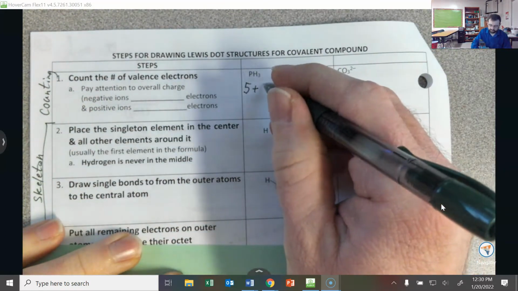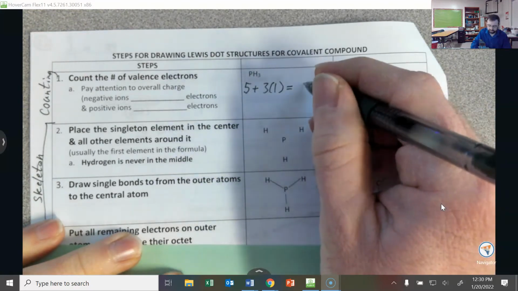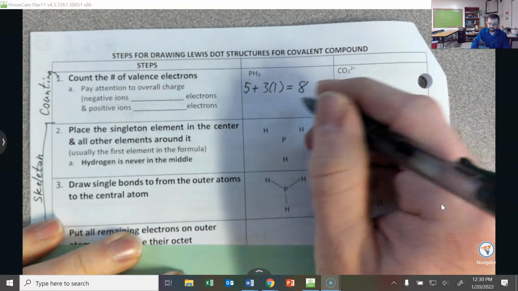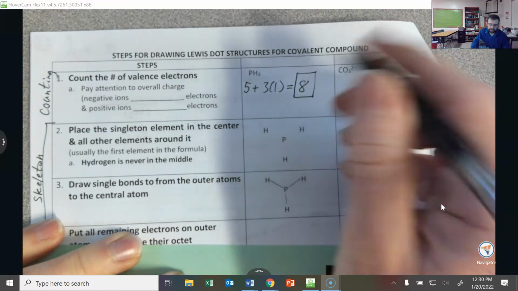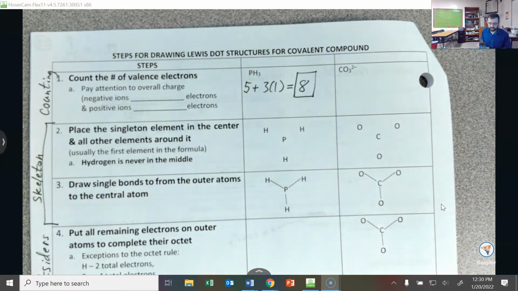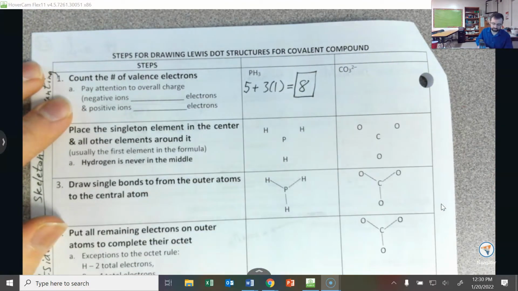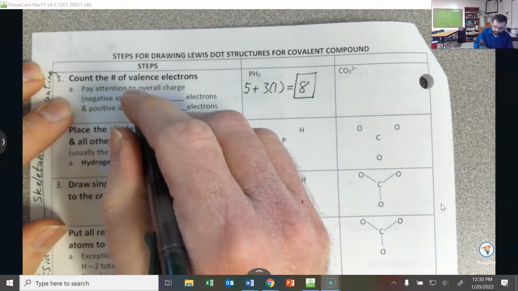Since I have 3 of those, that's 3 times 1, that's 3. 5 plus 3 gives us 8. That's an important number. That's going to tell us how many electrons we have to work with. We have to use all 8 of them, and we can't use any more than 8. Now, if we were talking about an ion like we are over here, we need to pay attention to the overall charge.